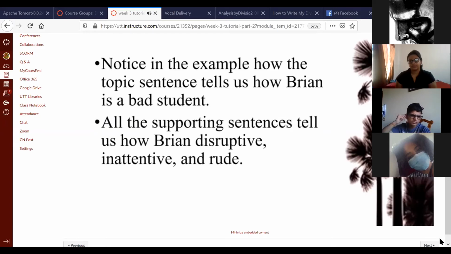Notice in the example how the topic sentence tells us how Brian is a bad student. All the supporting sentences tell us how Brian is disruptive, inattentive, and rude.